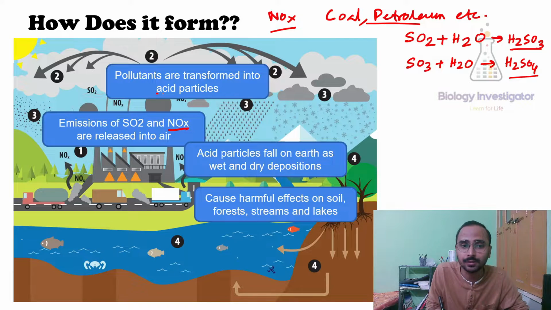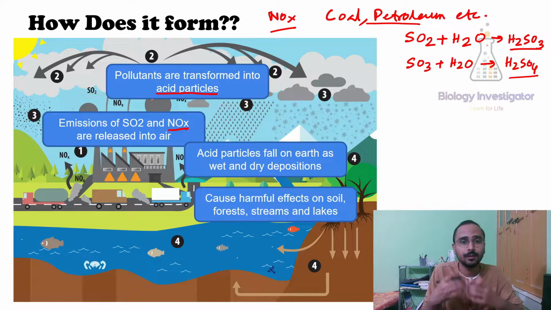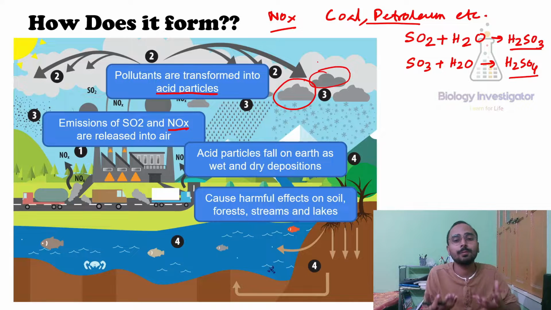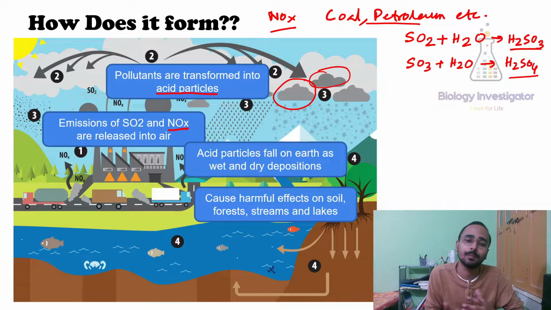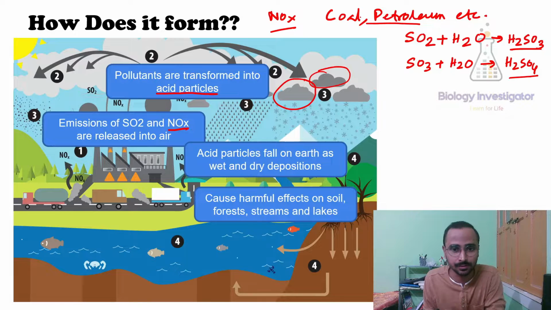These acid particles can be mixed in the atmosphere along with clouds, and whenever rainfall occurs, these acid particles come to the surface of earth. They fall on the ground in the form of rain along with some acids, and these acids are sulfuric acid, sulfurous acid, and nitric acid. So what are those acids?